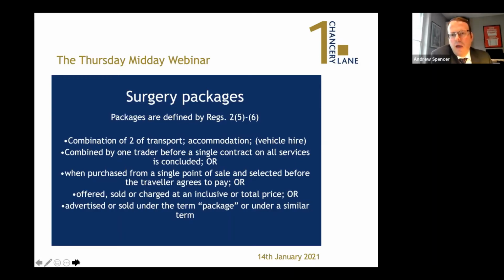Pausing here, with a holiday package that includes, say, surgery, it seems highly likely that most of the components are going to be combined before the purchaser buys it, because what's going to be offered is flights and accommodation and certain surgery. And really, that's the classic case of a regulated package.